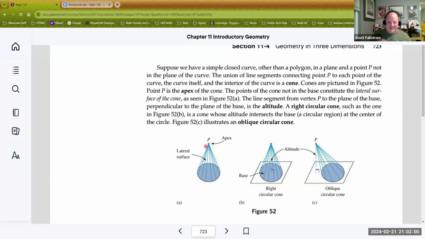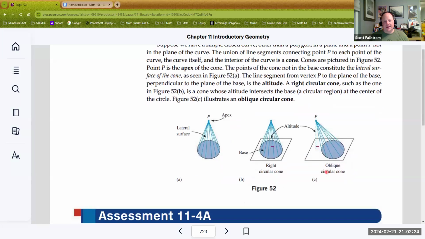A cone looks like a pyramid. It just happens to have a circle for the base. If the apex is directly over the center of the circle, that means it forms a nice 90-degree angle. We call it a right circular cone. If you think of the Jello mold and someone has pushed it off to the side, that becomes an oblique circular cone. Okay, so those are our names.